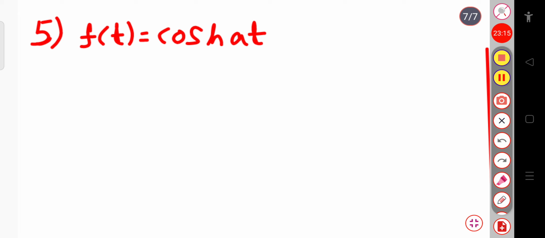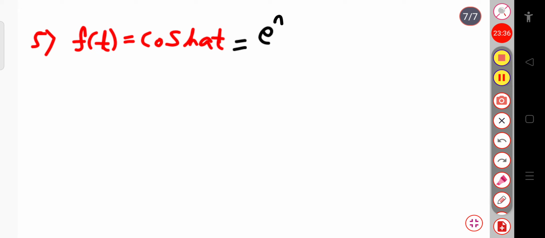Before calculating this, we will first convert this cosine hyperbolic at in terms of the exponential function. So this can be written as exponential at plus exponential minus at, divided by 2.